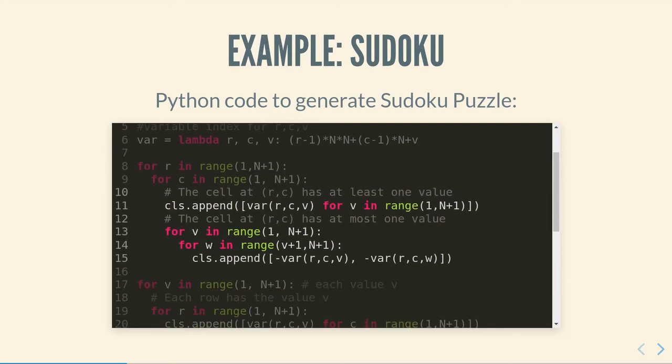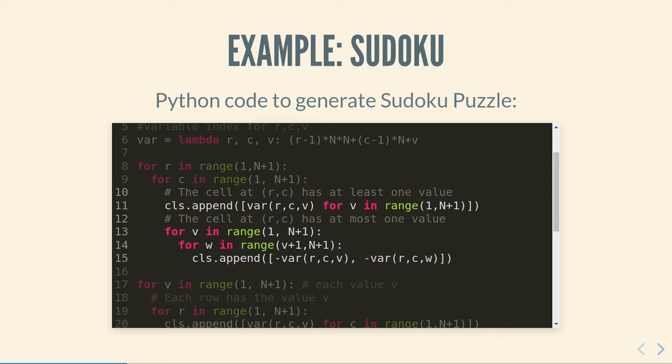Cool. And then the second constraint: the cell at RC has at most one value. This is particularly the constraint that if there is one value in the square, there is not another. So iterating over R and C, that is, for each square, we have an iteration over possible values.